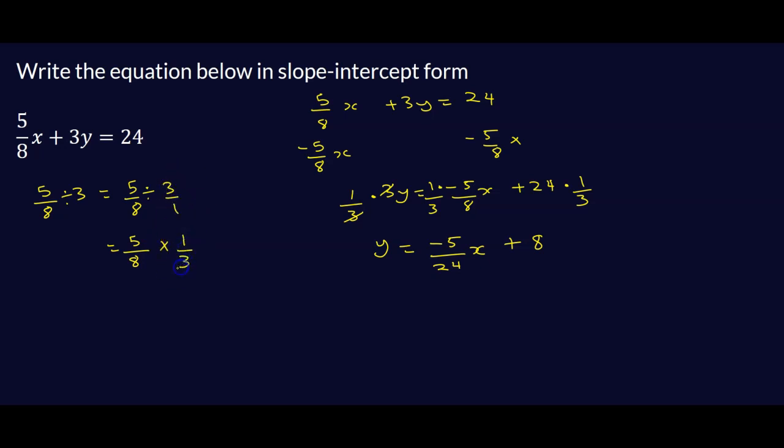This is 1 over 3. So whenever you are dividing by a whole number, it is actually the same as multiplying by its reciprocal, which is what we're doing here. The reciprocal is inverting the numerator and the denominator. So this is pretty much how you would solve equations, or convert equations from whatever form you're given to the slope-intercept form.